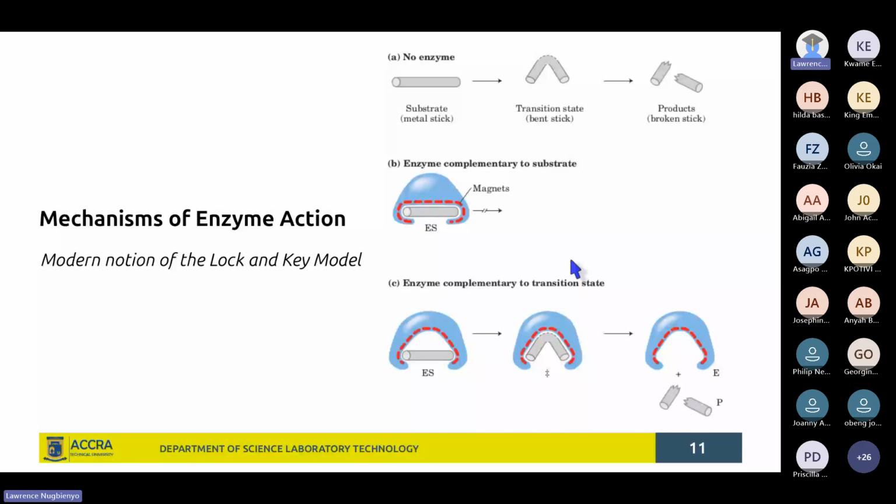Now, to understand the problems with such a model, we have here a depiction of, say, a reaction where we take an analogy of, say, a metal stick. So a metal stick is supposed to be broken into two. So that would be two products formed out of a metal stick. Take it as a molecule which is supposed to be broken down into two molecules, like, say, maybe a hydrolytic reaction, for instance.